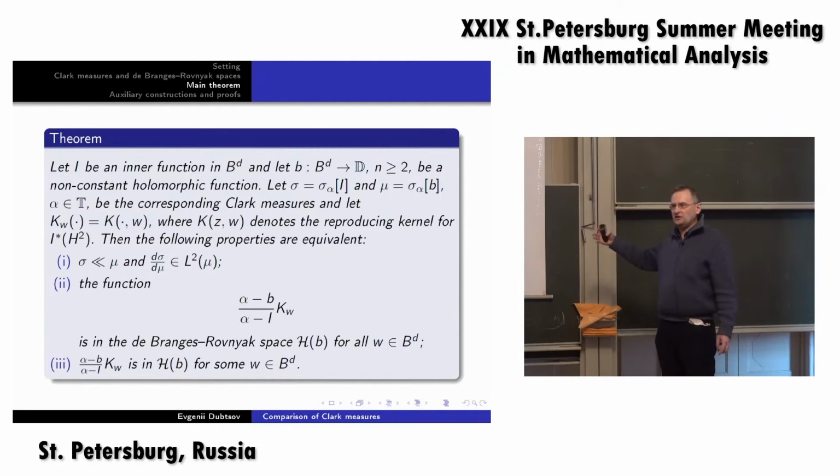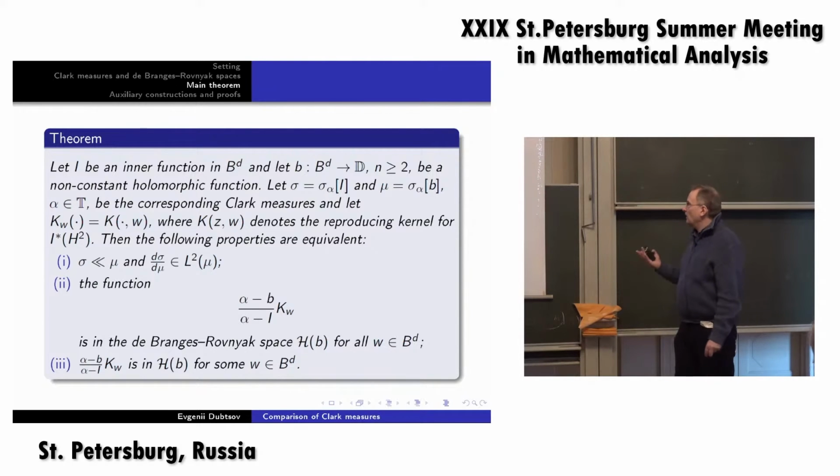In the second case, if not, then sigma and mu are mutually singular. Even in the case of the ball, and the polydisk, it's clear that we have no such dichotomy. Okay, but at least we have one half of this dichotomy, for the absolute continuity.